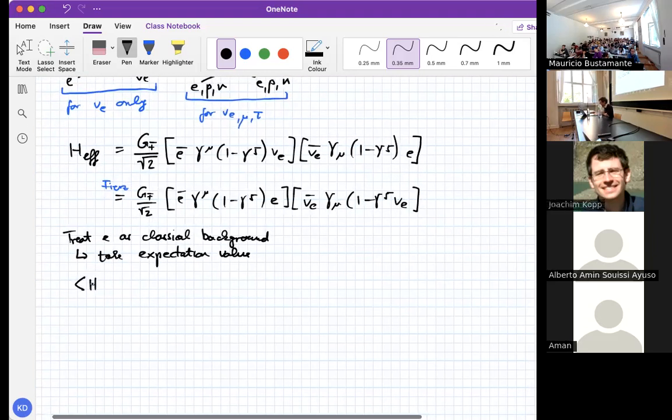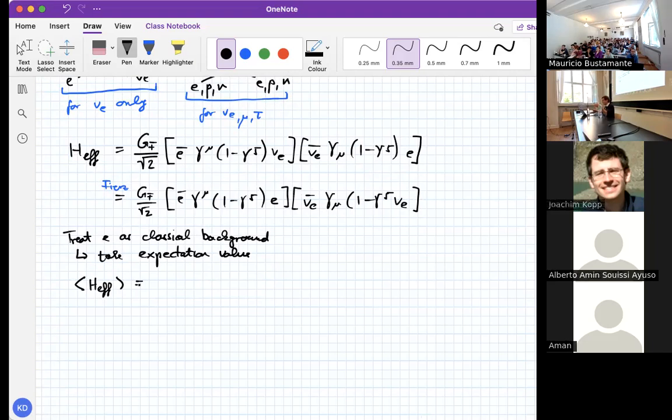And so the way you do this in practice is you write down the state of your background matter, which is essentially a very large number of creation operators applied to the vacuum. You expand your e field, your electron fields in terms of creation and annihilation operators.